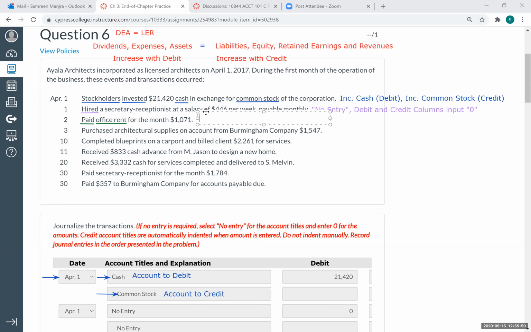So I notice that because I have the word paid, I have a decrease in cash. That will be a credit. And I have an offsetting recording to rent expense as a debit.